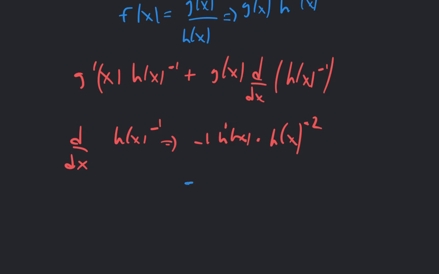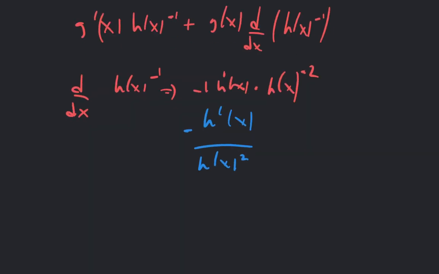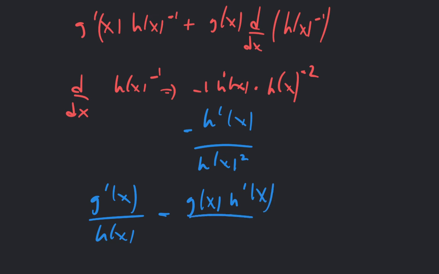So we're left with the negative of the derivative of h of x, and then that's squared. So then we have g prime of x over h of x minus g of x h prime of x over h of x squared.